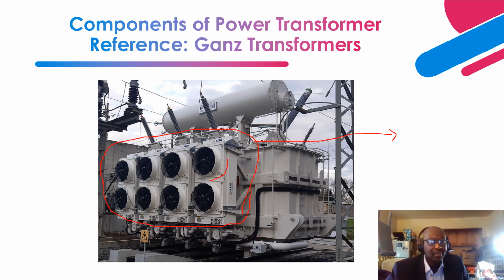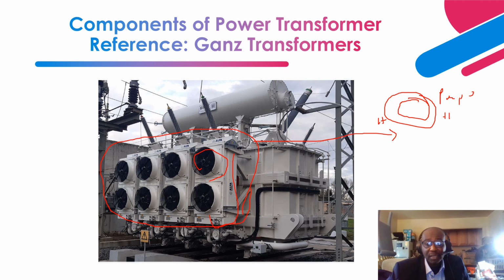The fans are basically, the radiator is inside, and that allows the removal of the heat from the oil. I made mention that some of the transformers utilize pumps to pump the oil through the ducts, the cylindrical arrangement of the insulation in between the high voltage and the low voltage winding.